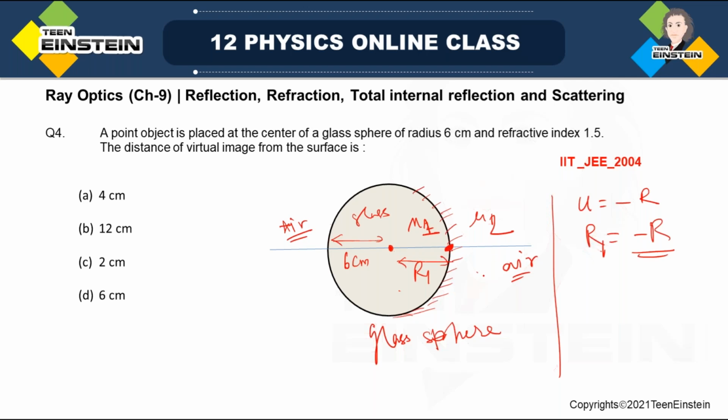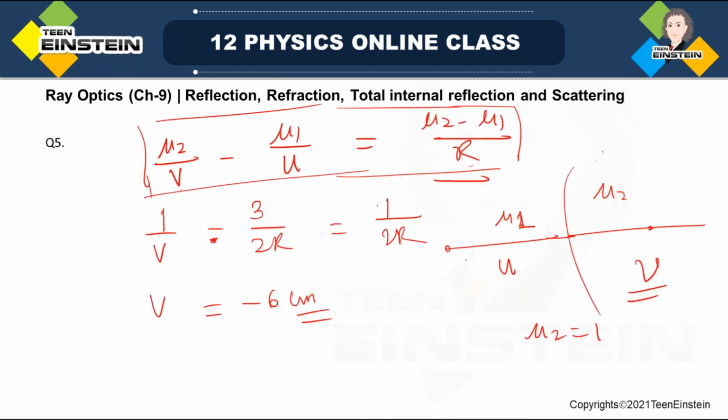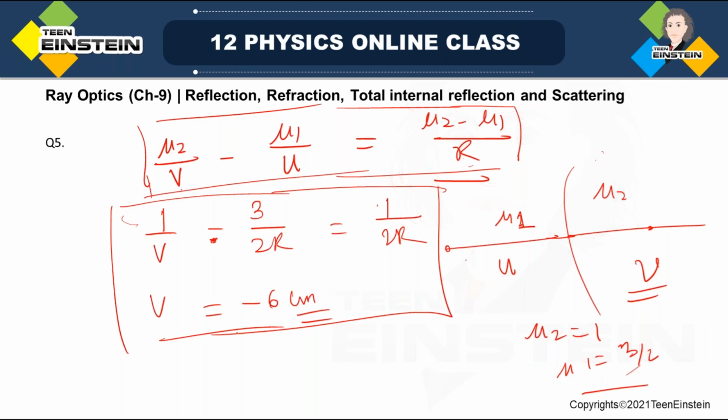Then r has to be taken from here. So mu1 is again... this is how we have written down here, and the last two steps are very important.